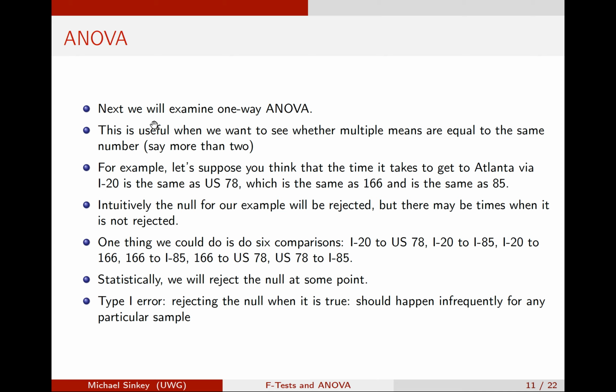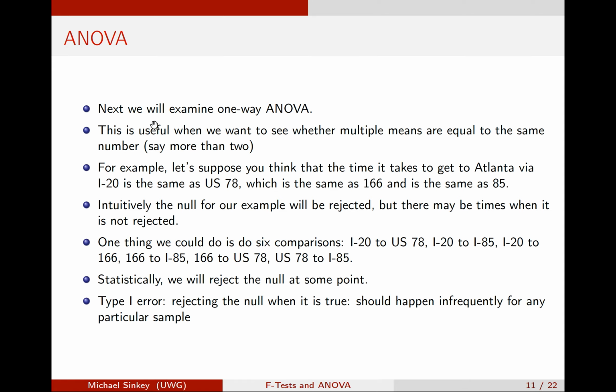However, when we do a bunch of hypothesis tests in a row, at some point we will commit type 1 error. And our goal is to change this problem to just doing one hypothesis test.